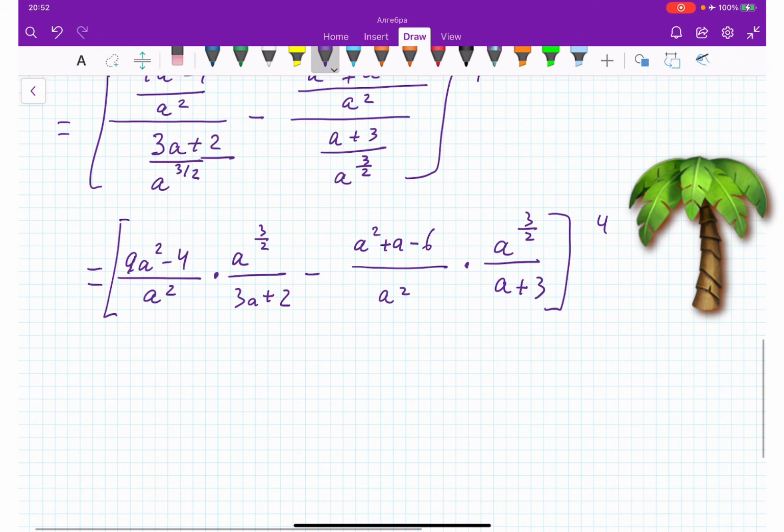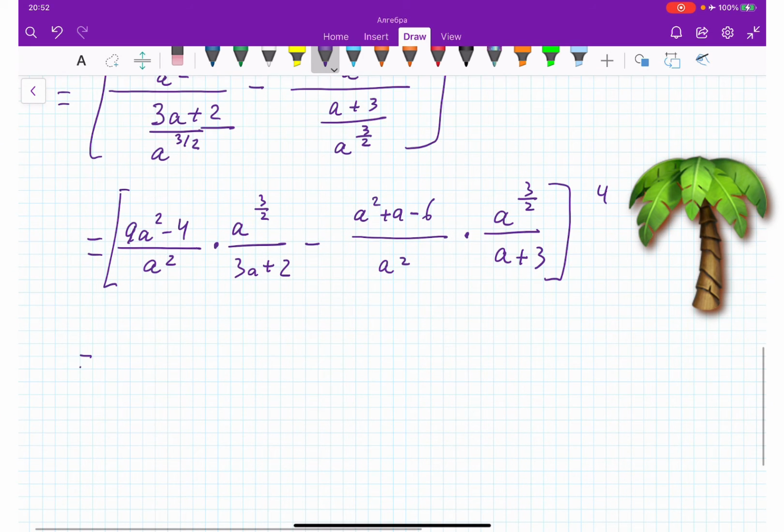All right, next, what is going to happen here? We have a to power 3 over 2 divided by a squared.